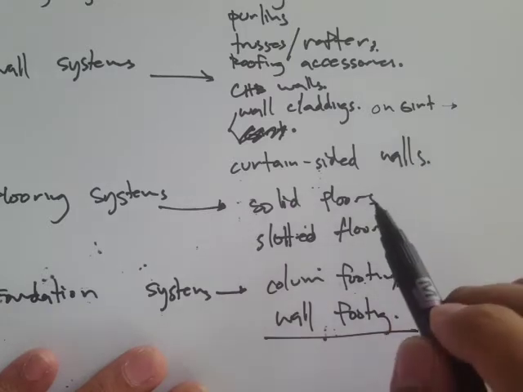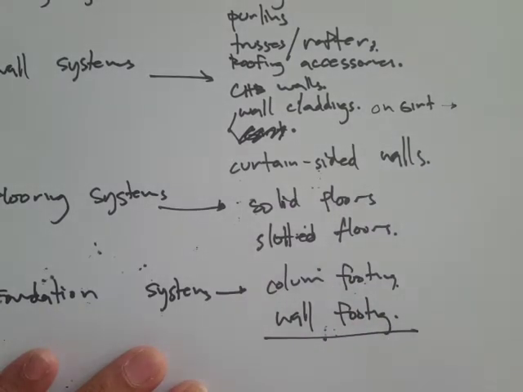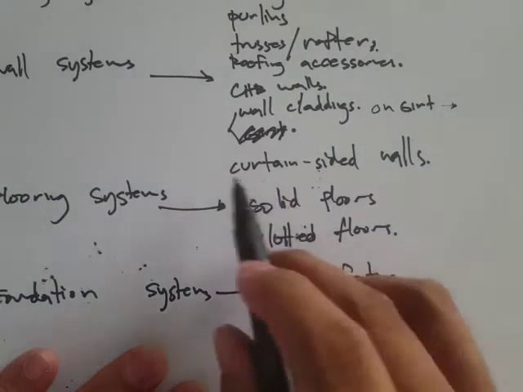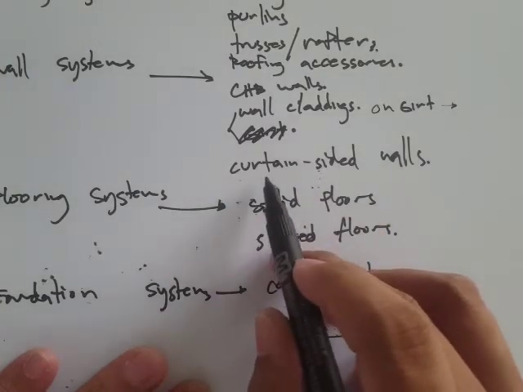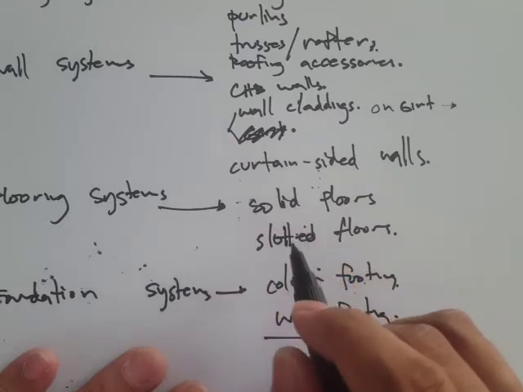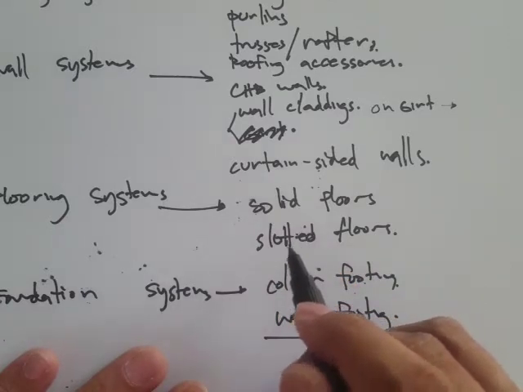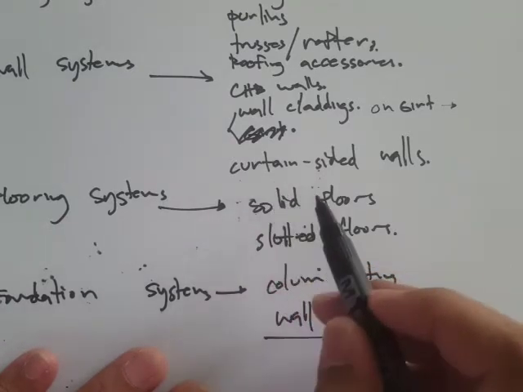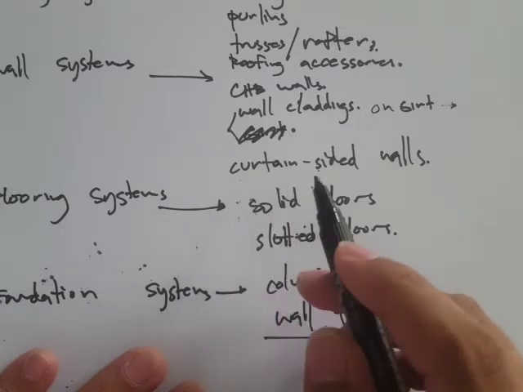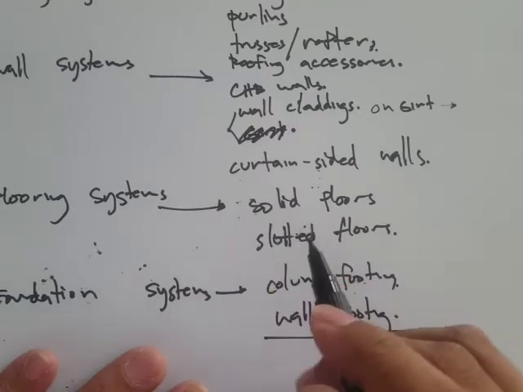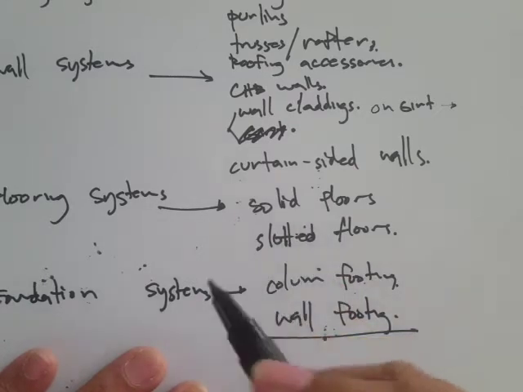The use of curtain-sided walls would really reduce the cost. Another flexibility option for these curtain-sided walls is that the ventilation requirements for the indoor environment can be achieved by rolling up the curtains, or by rolling them down during colder outside temperatures.